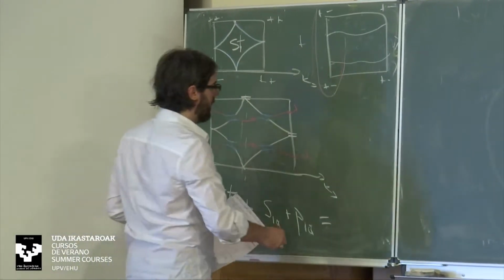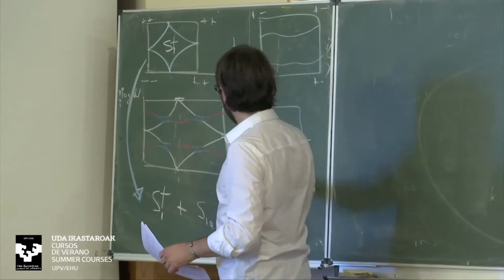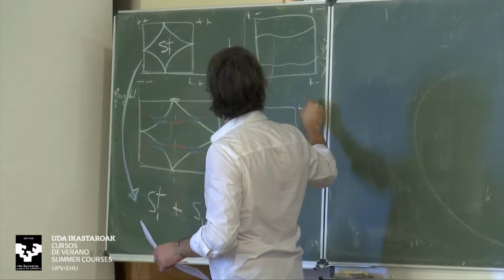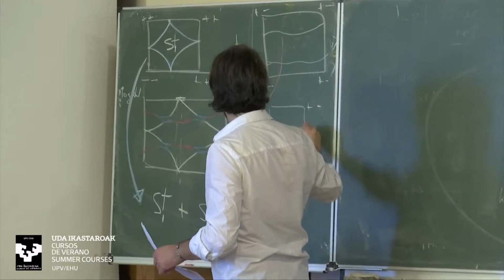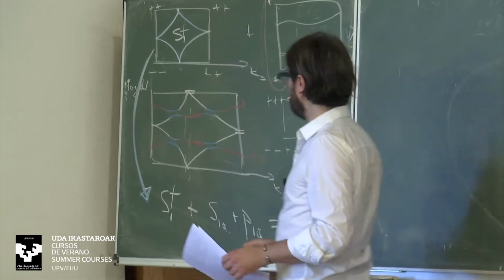And this one, I claim, has got the inversion eigenvalues. This full state has got inversion eigenvalues minus, minus, plus, minus, plus, minus, plus, minus, plus, plus, plus, minus, plus, plus, plus, minus, plus, plus, plus, minus. Okay?